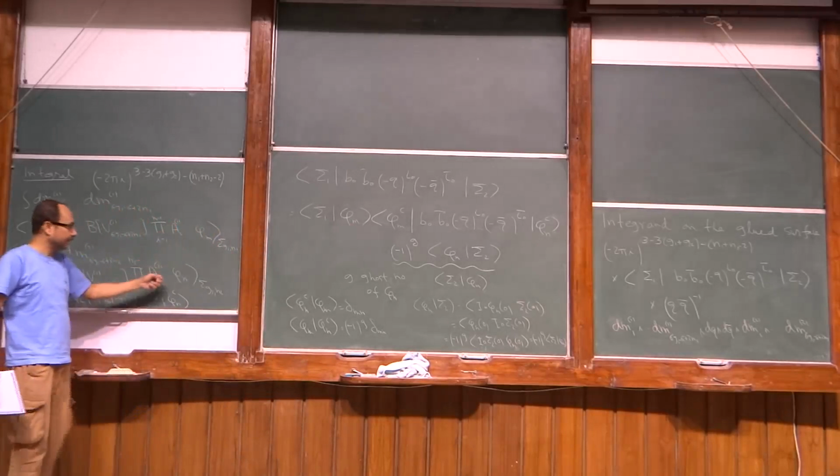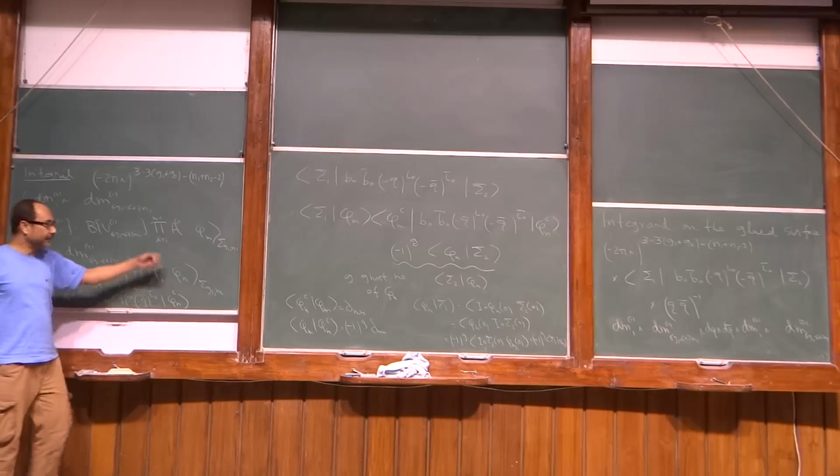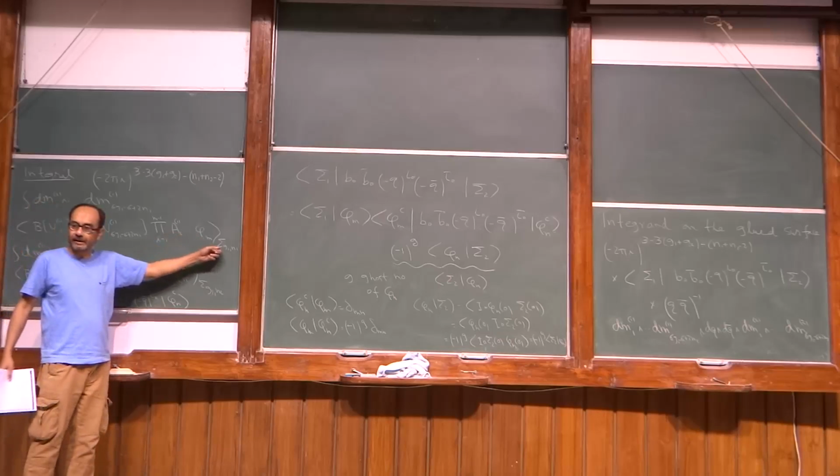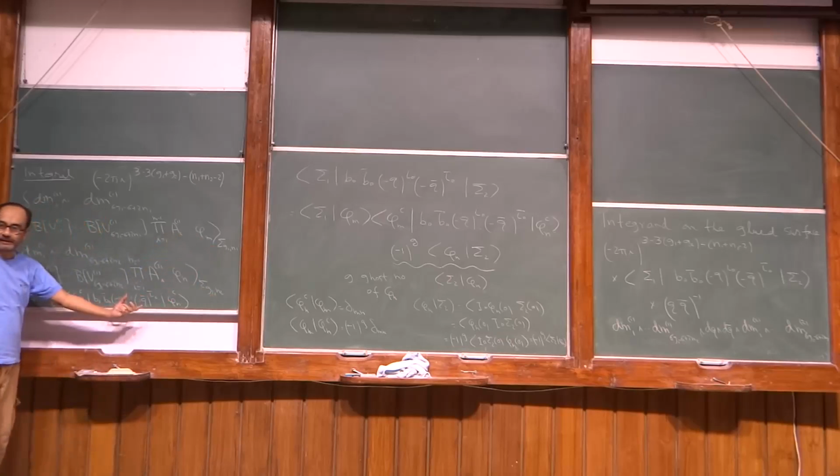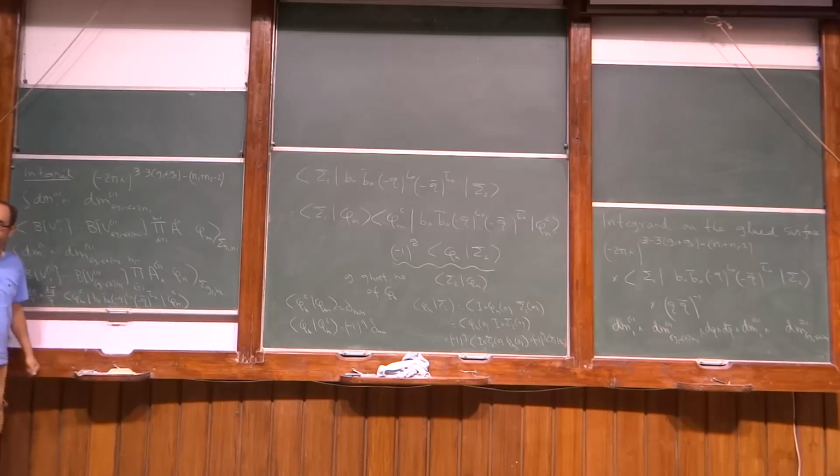So once I have rewritten it in this form, these are correlation functions on a genus g1 Riemann surface with n1 punctures. This is a correlation function on a genus g2 Riemann surface with n2 punctures. This is still a 2-point function on the sphere. Is this clear?